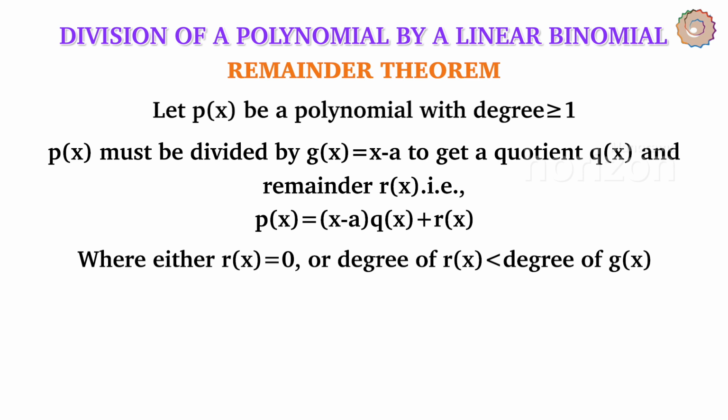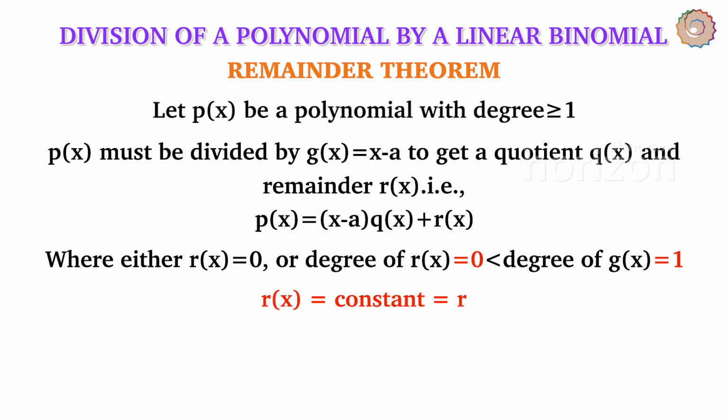So, p of x equals x minus a into q of x plus r of x, where either r of x equals 0 or the degree of r of x is less than the degree of g of x. Since g of x equals x minus a is a linear polynomial, its degree is 1, then r of x will have degree 0.